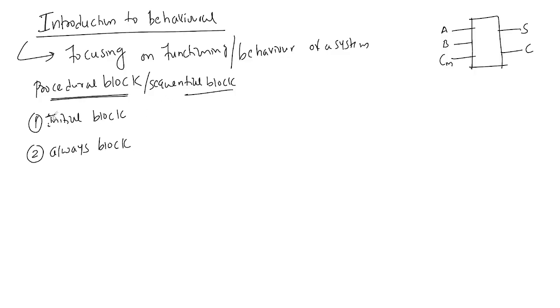The initial block is non-synthesizable, so we can't convert it into hardware. This will execute only one time, only one simulation time. The always block will execute forever. So this is synthesizable, and this is non-synthesizable. This initial block we use only in the test bench.